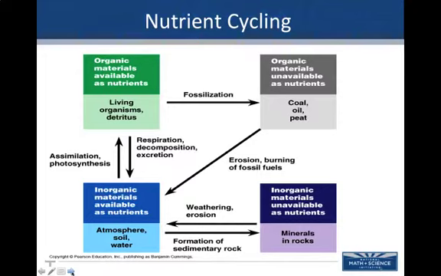So we have erosion that can move these organic materials and make them available, or we can have the burning of fossil fuels, which goes back into how these organic materials become available again. And then we also have a back and forward process between the atmosphere, soil, and water, and minerals that are in rocks. Minerals in rocks can occur with weathering and erosion, and they can also form sedimentary rocks.